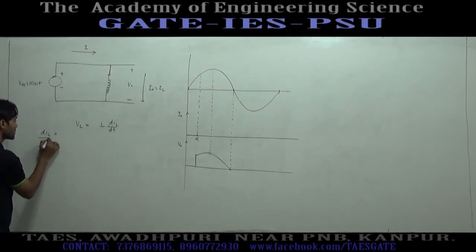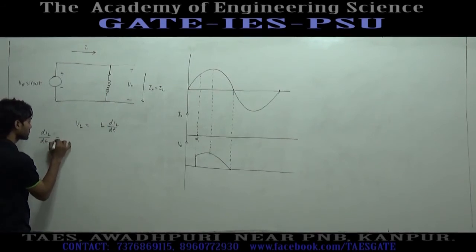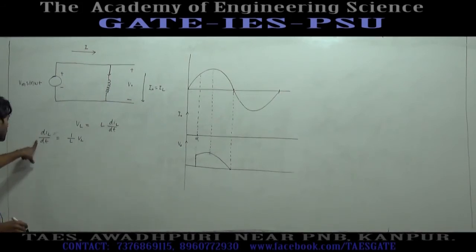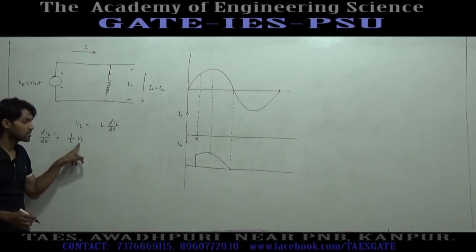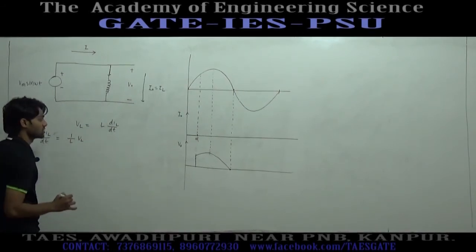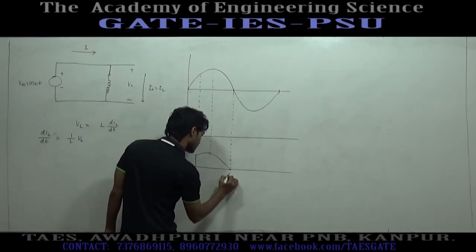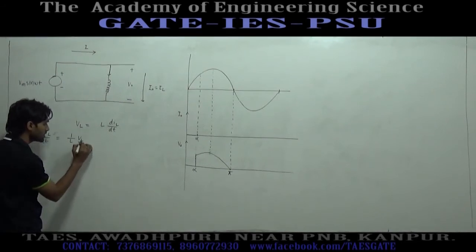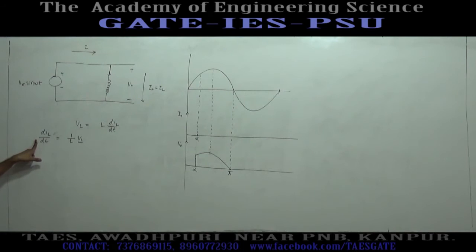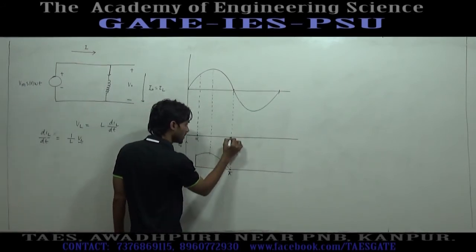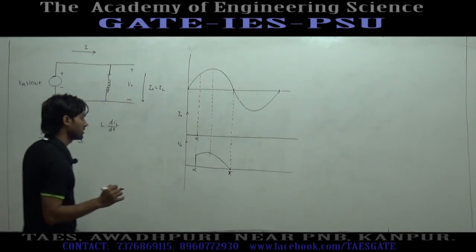The dIL over dt equal to 1 by L into VL, that is the rate of change of inductor current is equal to voltage across inductor divided by its inductance. So, as long as VL is positive from alpha to pi, the rate of change of inductor current is positive, and whenever rate of change of inductor current is positive, inductor current will rise. So, from alpha to pi, the inductor current will rise.